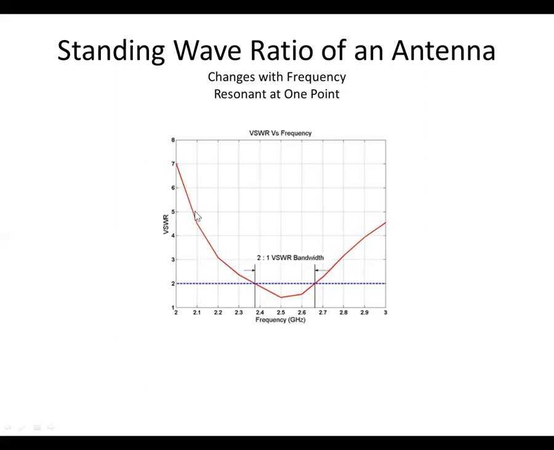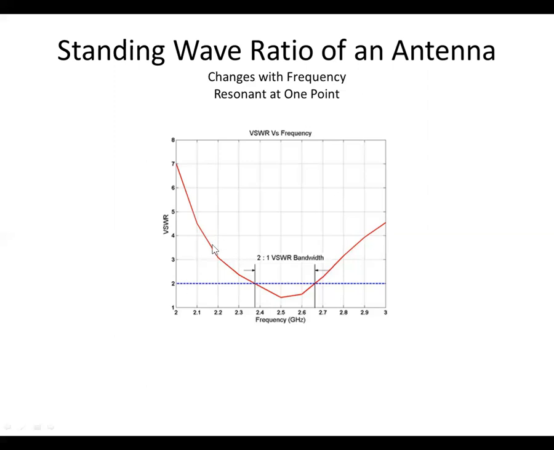This is what you'll see if you do a frequency sweep of an antenna while measuring the standing wave ratio. When you tune the antenna, you're making it longer or shorter and moving that resonant point up or down the frequency spectrum, but you're still going to have that U shape as you get away from the new resonant frequency.